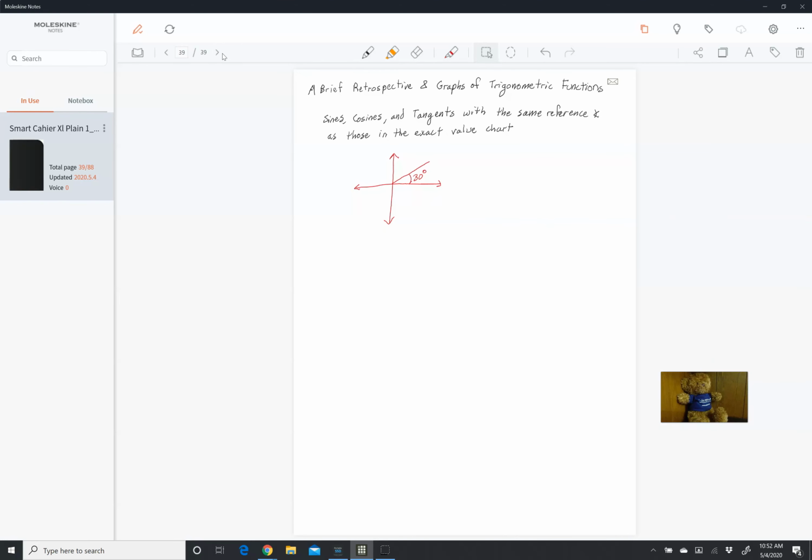So let's just write that down. Sine of 30 is 1/2. Cosine of 30 is square root of 3/2. And the tangent of 30 is 1 over the square root of 3, but if we rationalize the denominator, that gives us square root of 3/3.